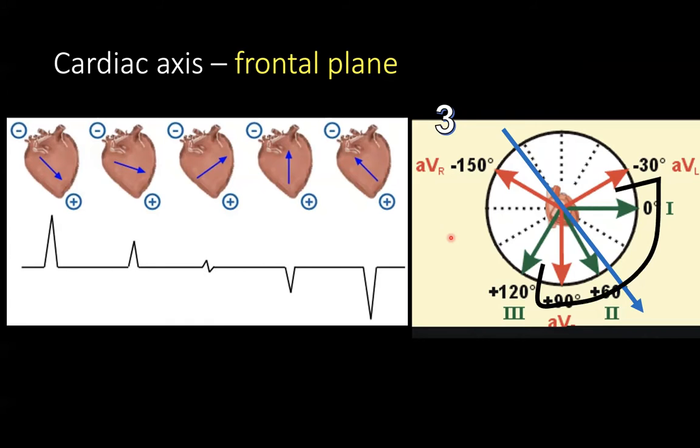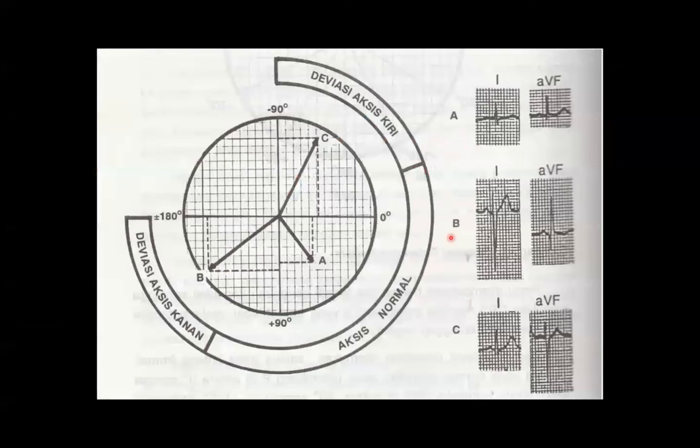The normal axis is around negative 15 degrees until positive 105 degrees. If you have the arrow like this, or even like this, those are also considered a normal cardiac axis. This is the normal cardiac axis.